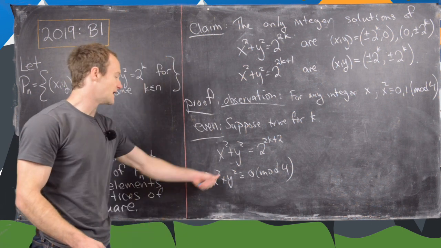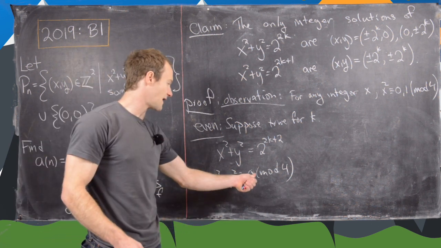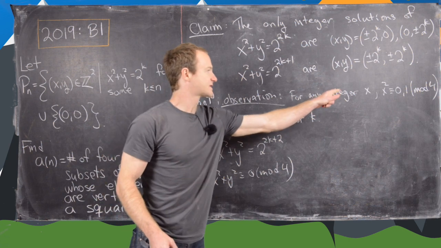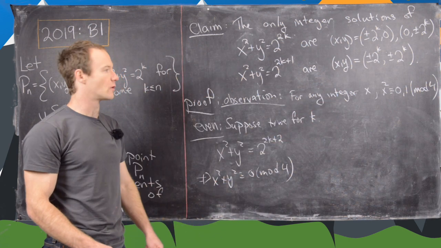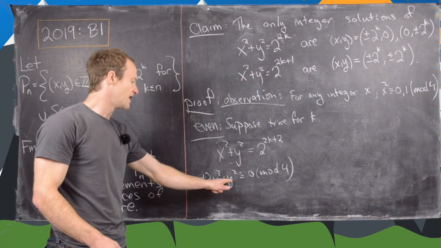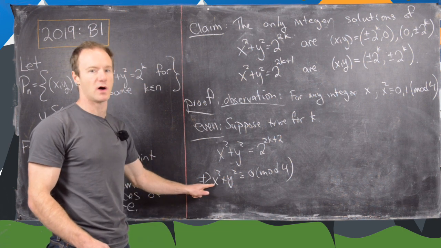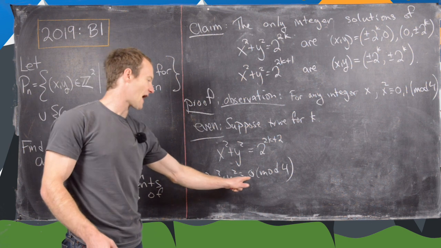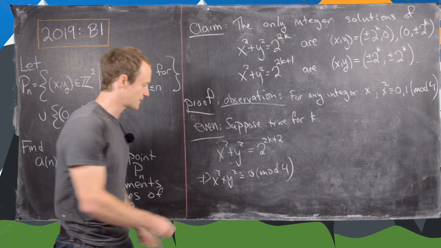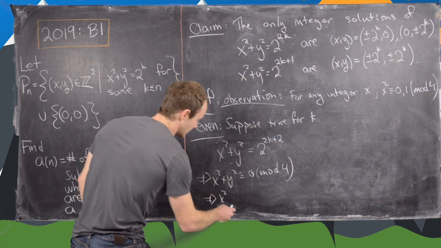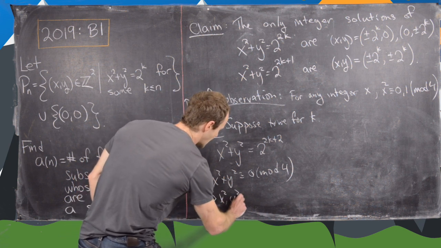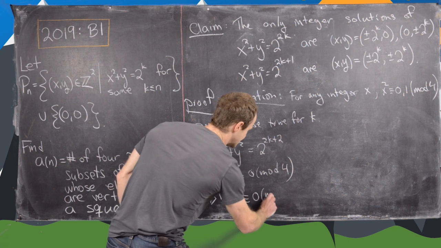Great. But now we know that x squared and y squared are both either 0 mod 4 or 1 mod 4, but neither of them is allowed to be 1 mod 4, because then we would have a 1 or a 2 over here. So that tells us that x squared and y squared are both congruent to 0 mod 4.